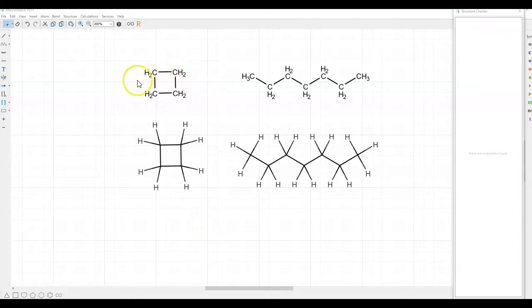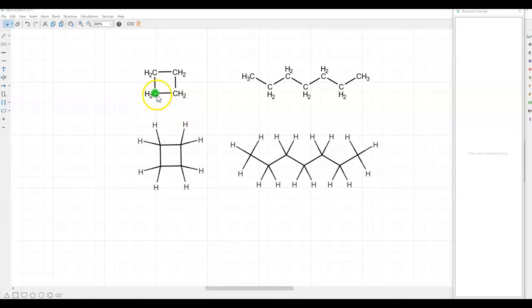Okay, what I have up here are the same compounds. This is heptane, 1, 2, 3, 4, 5, 6, 7 carbons in a chain. This is cyclobutane. But what I've done is what I call a condensed diagram, where instead of explicitly drawing out each of the hydrogens attached to each of the carbons, I've condensed this.